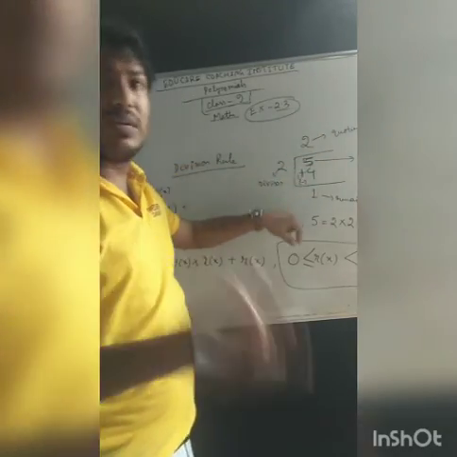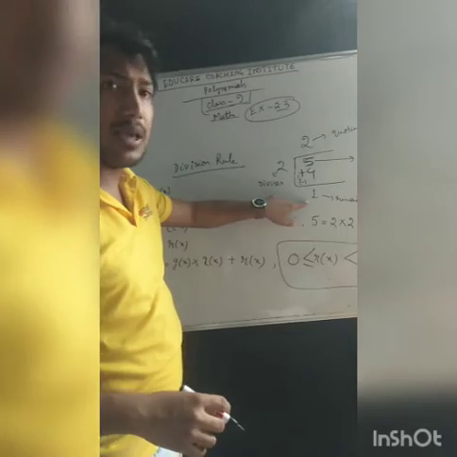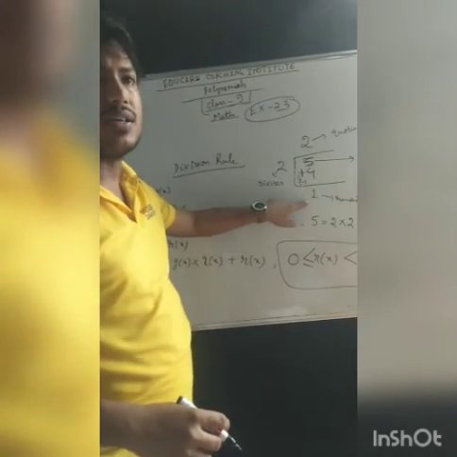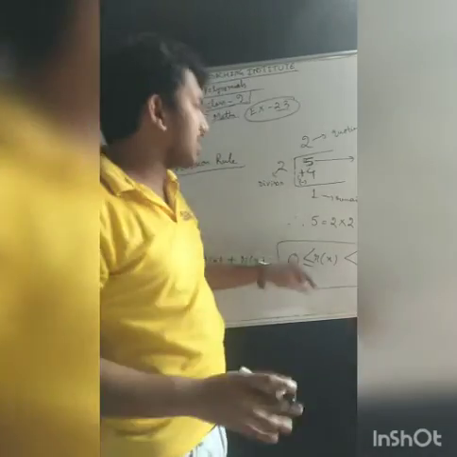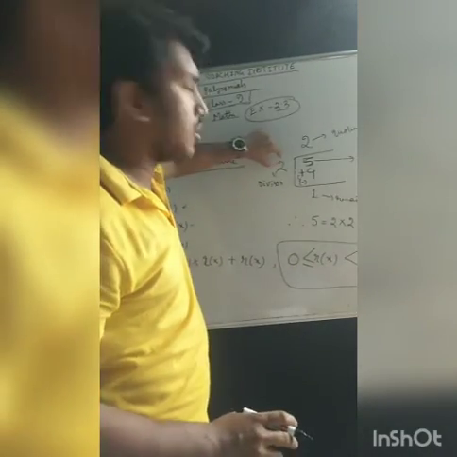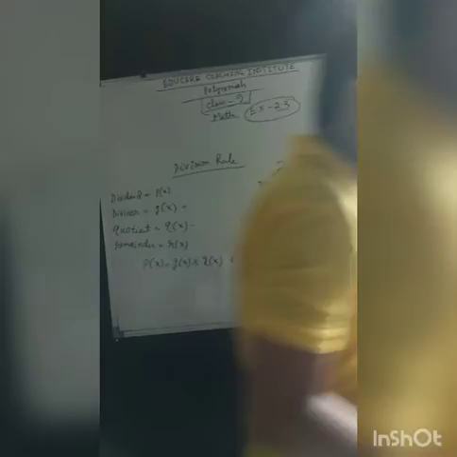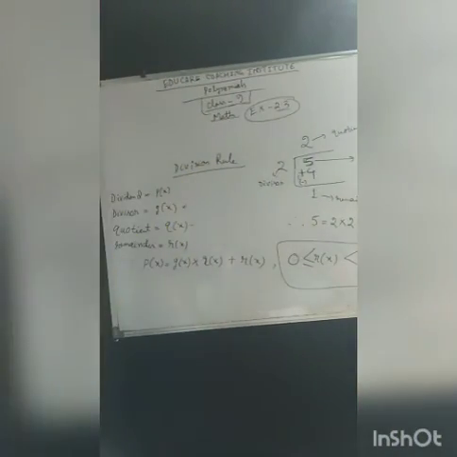If the number is not fully divisible by g(x), then the remainder will be more than 0. It may be 0 or more than 0, but it cannot be greater than the divisor part. Okay? That is the concept behind this division rule.